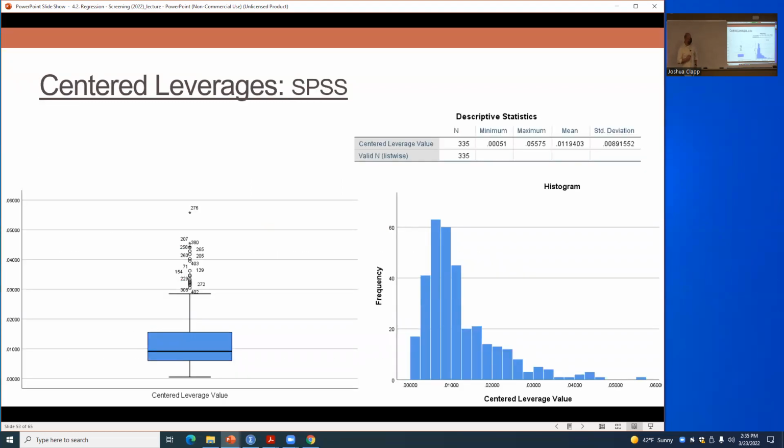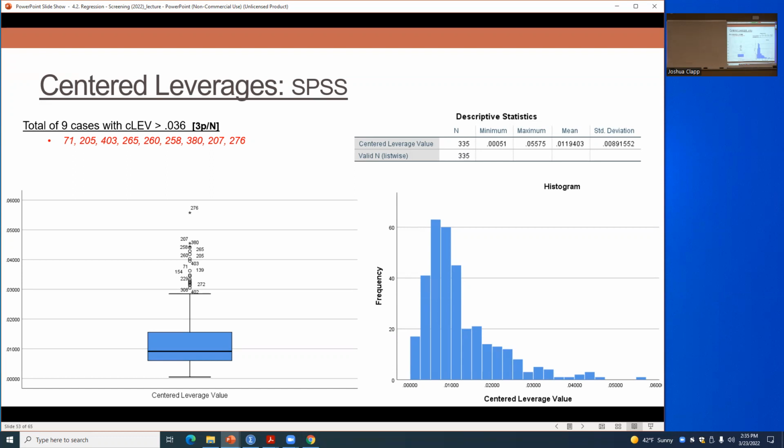So for this sample, box plots and histograms are nice ways to plot these out, okay? What are we saying in terms of leverages here? Because we're doing this in SPSS, we're going to use 3 times the number of predictors divided by the sample size as our criteria for things that might start to catch interest.